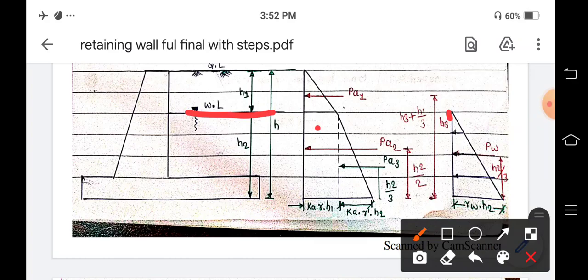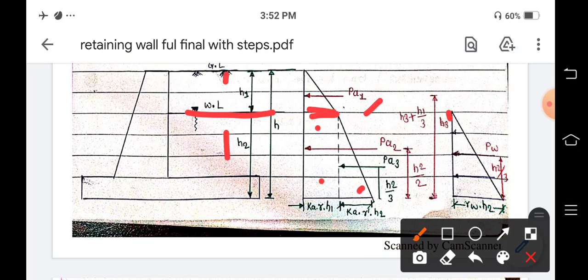As we are considering two layers, it is treated as layered soil, so we have to divide it into a number of parts. First is a triangle, which is called PA1, then the second is called PA2, and this is called PA3.